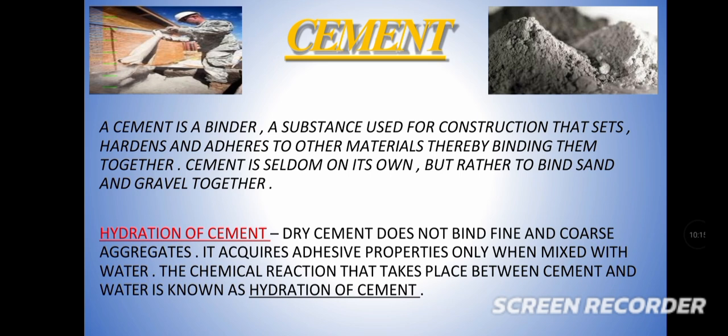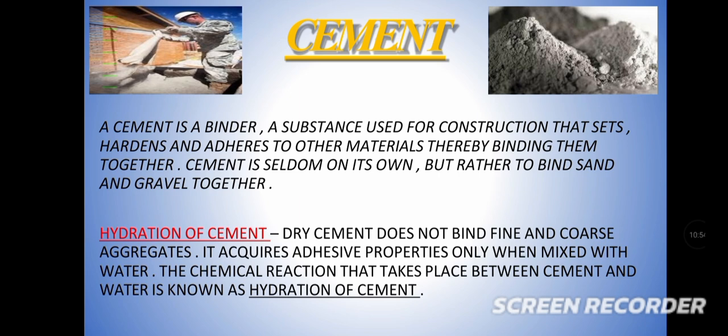It binds, it hardens, and it adheres to other materials, which means it is binding the other materials. Okay, just like sand and water are being adhered by cement for the preparation of a concrete, a mixture of concrete, right? So the role of cement is immense in concrete.